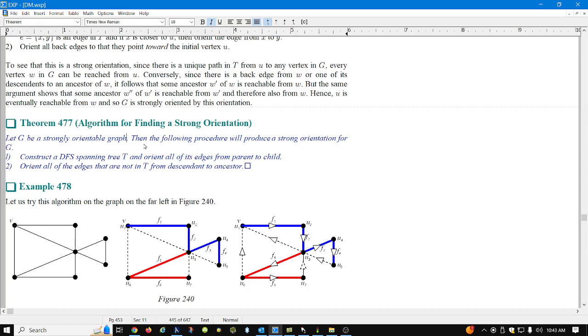The following procedure will produce a strong orientation. Construct a depth first search spanning tree and orient all of its edges from parent to child. Orient all of the edges that are not in T, the back edges, from descendant to ancestor.